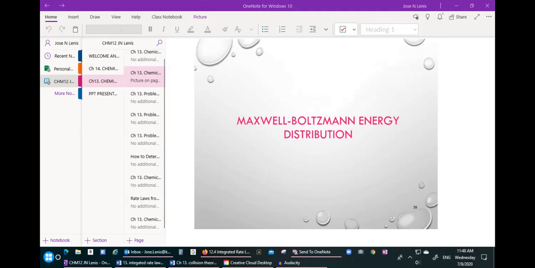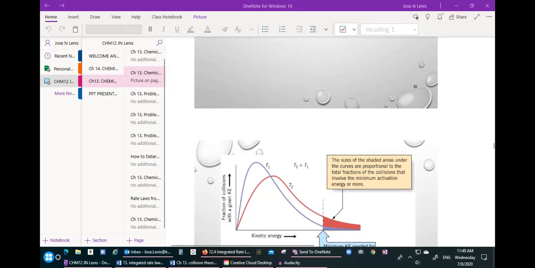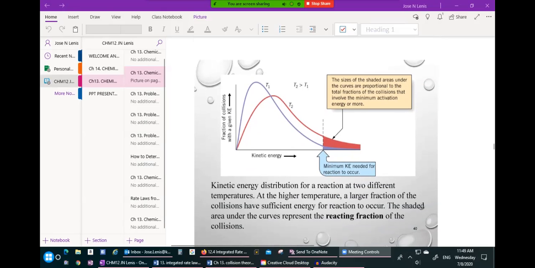The Maxwell-Boltzmann energy distribution diagram will help us to understand how the energy and the activation energy will form the bonds. In this diagram, as you can see, we have two different graphs at two different temperatures.